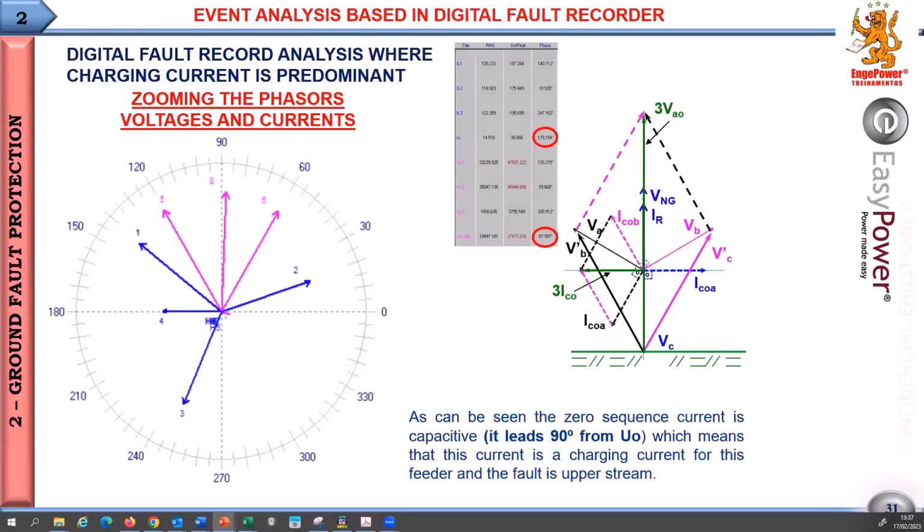The unfaulted phases 60 degrees here and 110 degrees here, just like we showed. So, the vectorial diagram we provided to you really reflects the correct directions of the currents. Okay? So, this is very, very important.